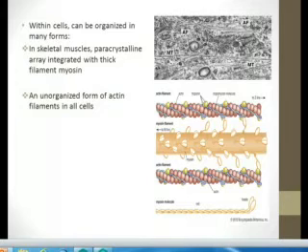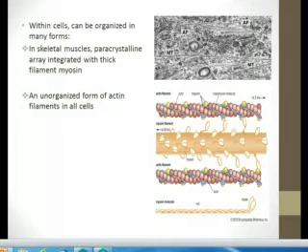So multiple myosin molecules join together to give us a thick myosin filament, which is visible over here, and this arrangement is present along with the actin within the skeletal muscles. And usually the actin filaments are richly present within the skeletal muscles.